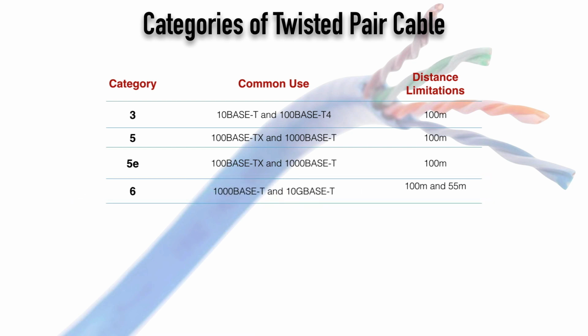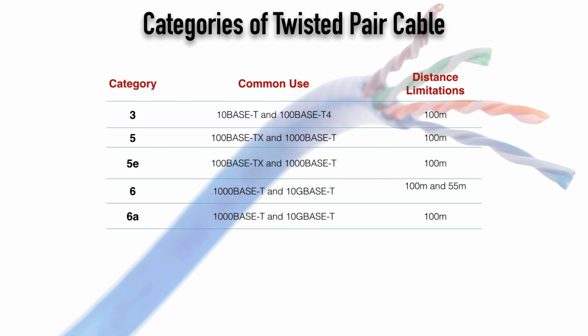Category 6 ups the game a little bit. Not only can we travel at a gig rate over 100 meters, we could travel at 10 gigabits per second, but the distance limitation drops down dramatically if we go for 10 gig. If we go for 10 gig, we're limited to 55 meters. If we don't want that limitation and we're going to be using a lot of 10 gig in our network, we might want to use Category 6A.